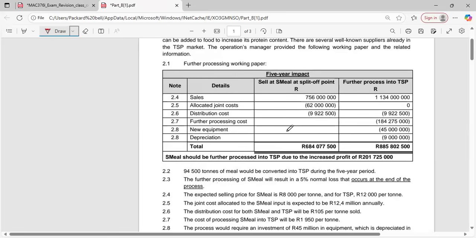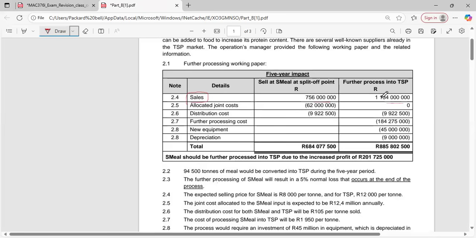When you have this kind of a question, you start one by one, calculating using your understanding, and see if this is correct. Based on your understanding of how sales at split off point of S-meal are going to be calculated, you calculate.